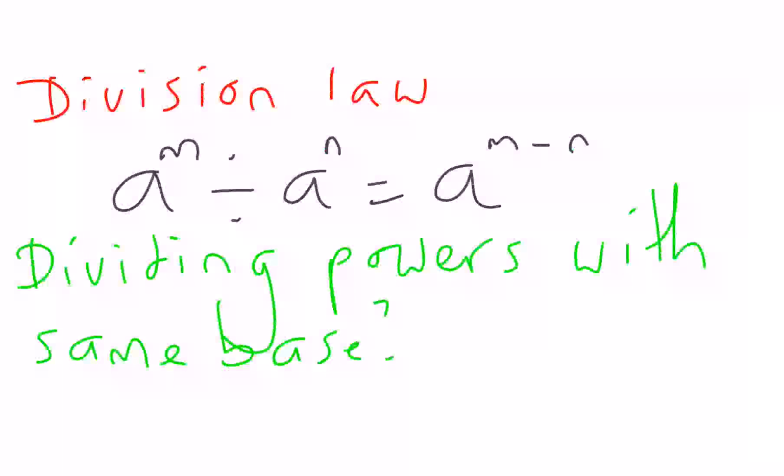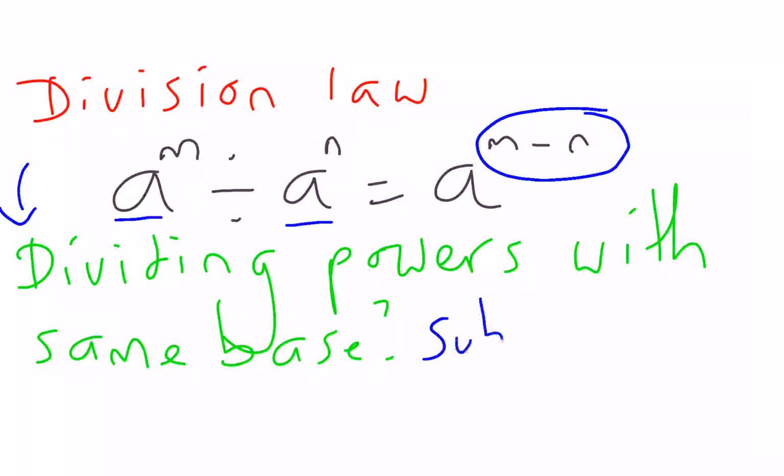So our division law, which again I can write as an algebraic rule, is when I've got numbers of the same base and my powers are divided, I can get the answer with a shortcut by subtracting the indices. So my rule in words, if I'm dividing powers with the same base, subtract the indices.